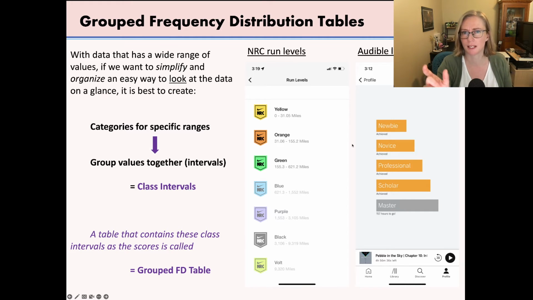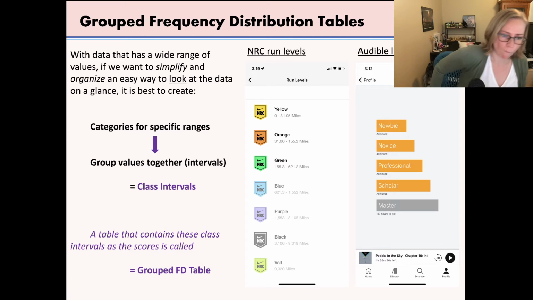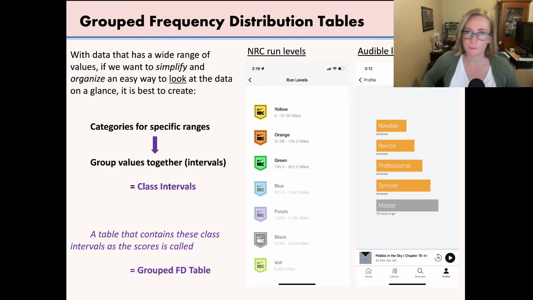Usually we like to make it, and I'll show that in the next couple of slides, there's kind of a protocol or guideline on how you're supposed to group those together, kind of an even distribution of the class intervals. Sometimes it's not possible, and in an app like this, you don't have to follow that rule necessarily. If it's a group frequency table, then same thing, whether it's in a graph or a table.